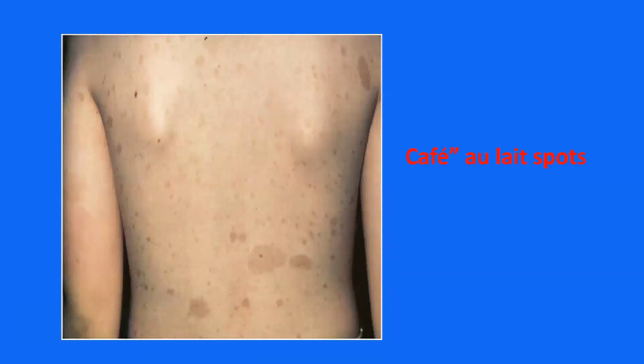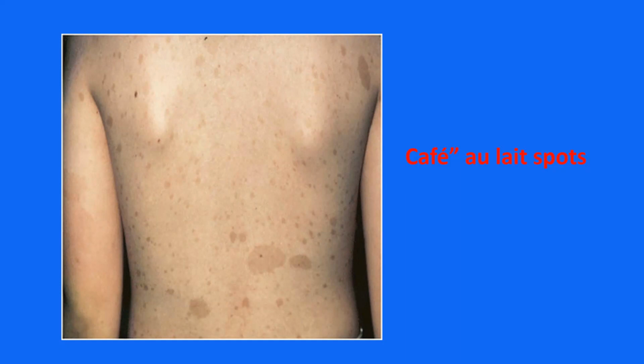Another important finding is café au lait spots, and this occurs in two conditions, in Albright's disease and neurofibromatosis. These are brown spots on the body.